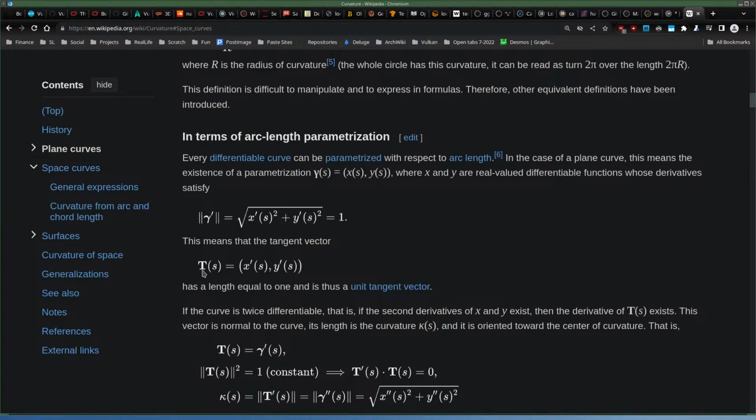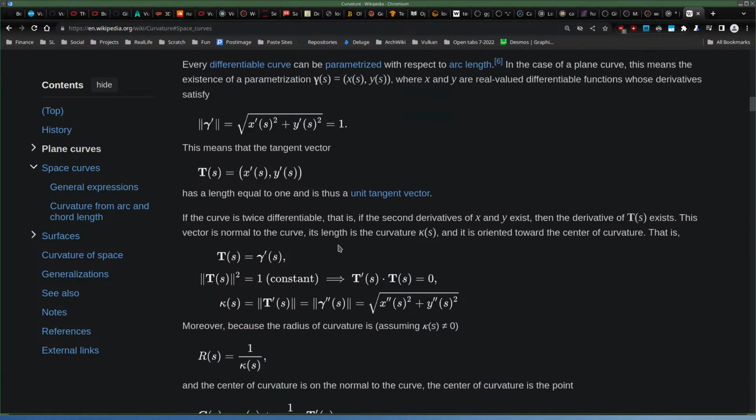So my d0 is the tangent vector given by the first derivative of x, comma, the first derivative of y, divided by the length of that whole thing. And then the curvature is given by the length of the second derivative vector.